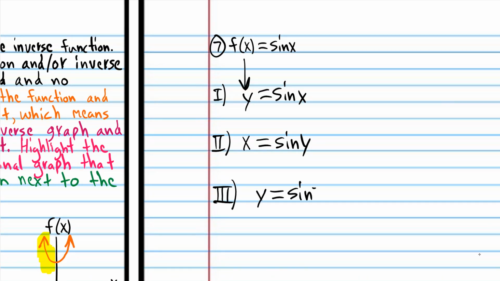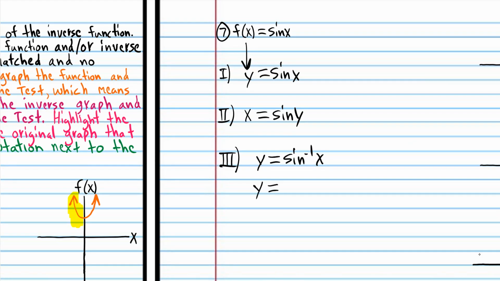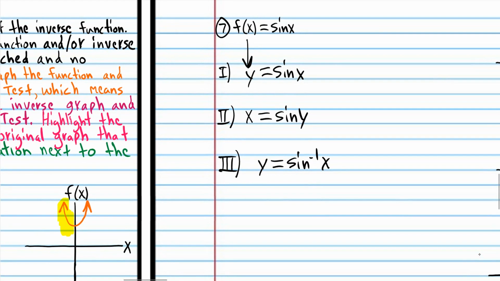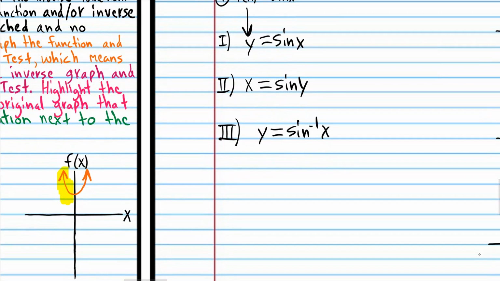It's sine inverse notation. Or you can use arc sine. Your calculator might have the arc sine notation. Okay, so then of course we change y to f inverse of x.